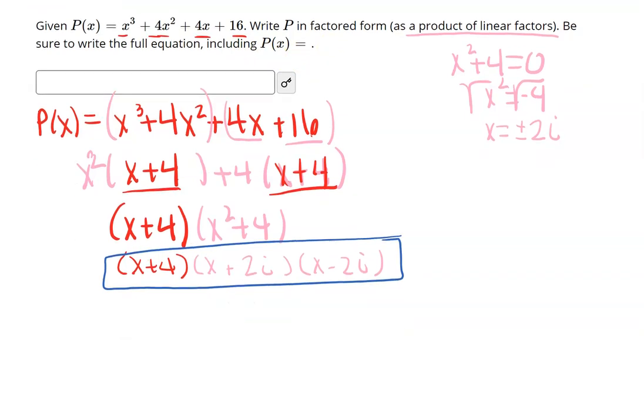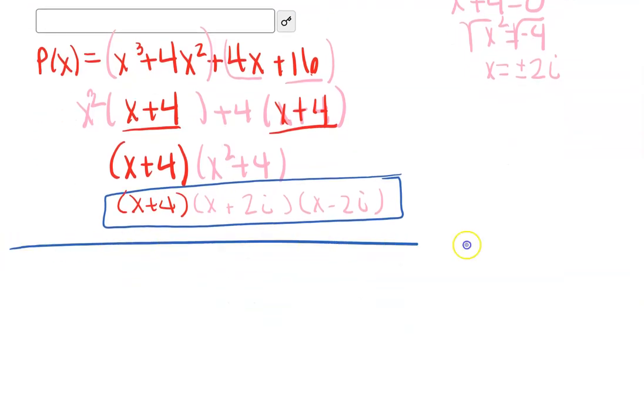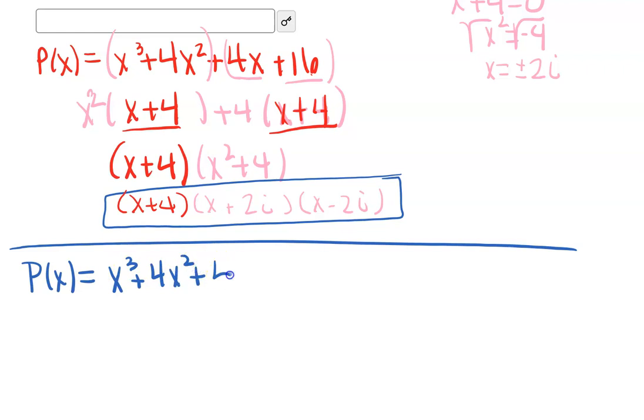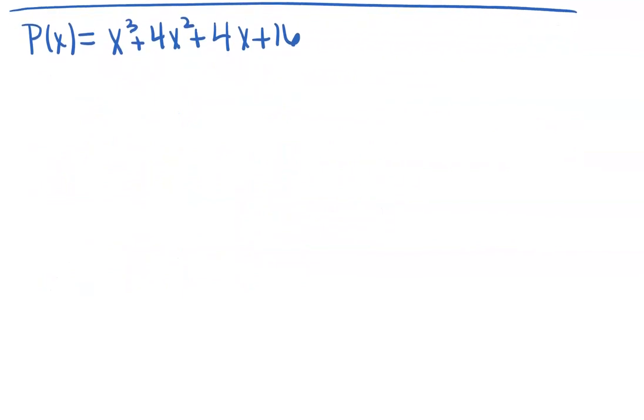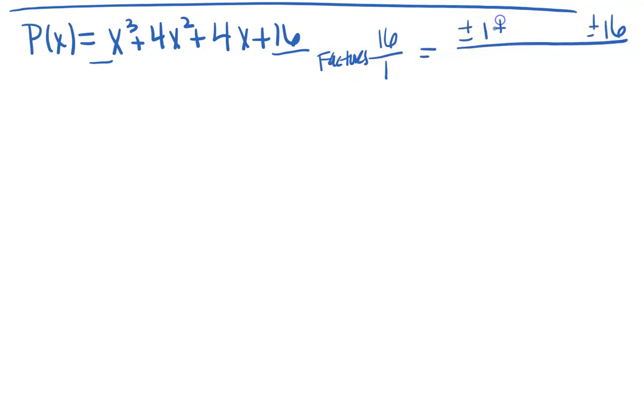Now another approach to this is to take this polynomial, let me go ahead and write it down here, and use that rational zero test to help us with this. Now it did factor really nicely, but let me revert back to some of the content we've done in this section. The rational zero test says if you take the back number and the front coefficient, so that would be 16 over 1, and look at the factors of these two numbers, this would give you the factors of 1 and 16, positive and negative, 2 and 8 and 4, all divided by 1.